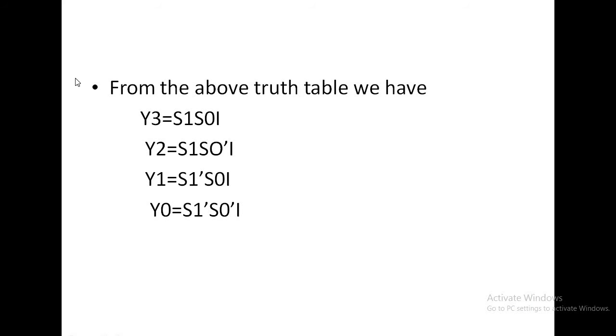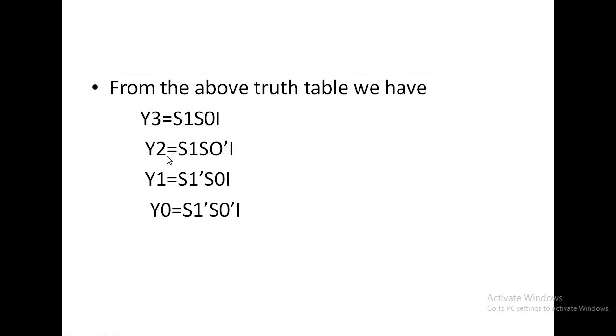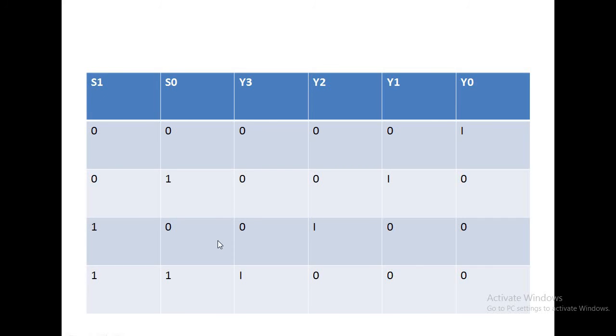See, Y3 is equal to S1 S0 I. Why? S1 value is 1, S0 value is 1, so S1, S0 and I. Y2 is equal to S1 S0 complement I. S1 value is 1, so S1; S0 value is 0, so S0 complement; and I. Always 1 means same, 0 means complement.